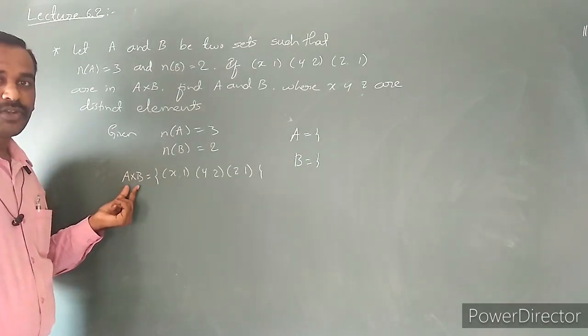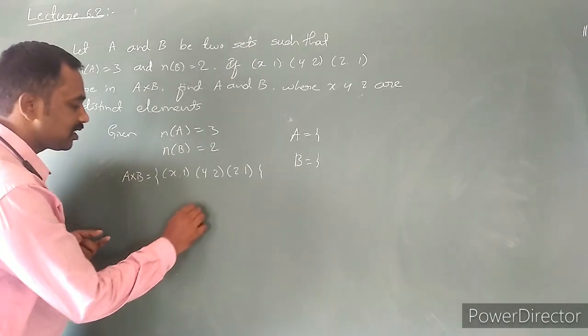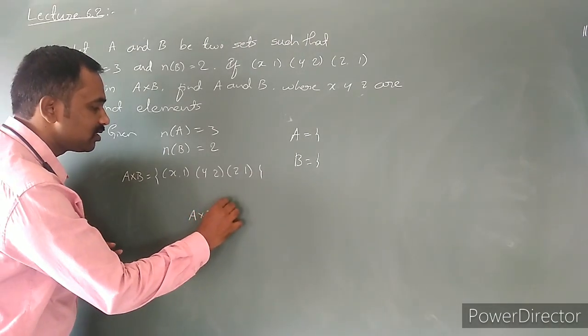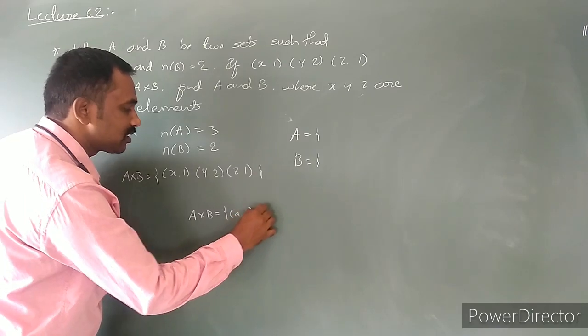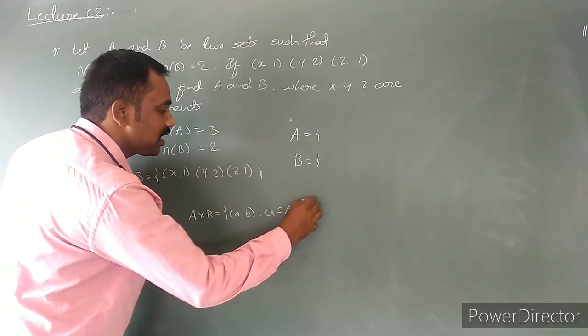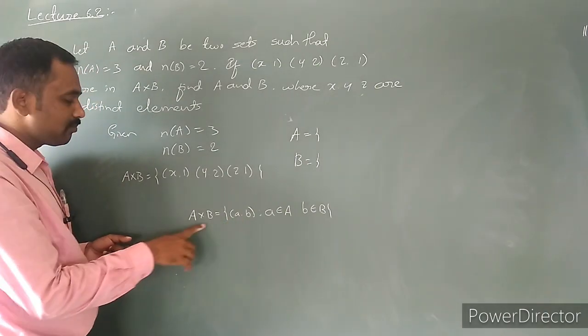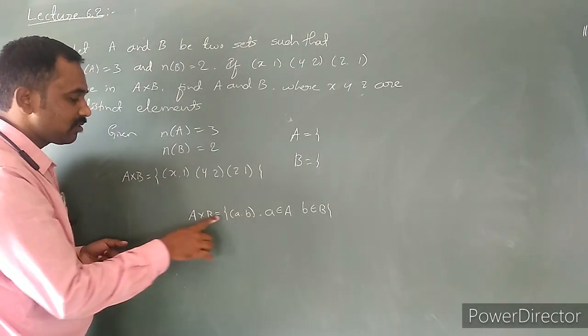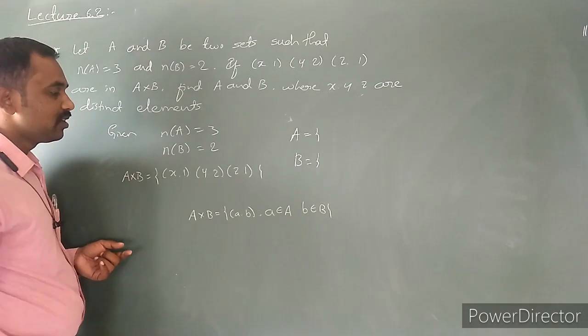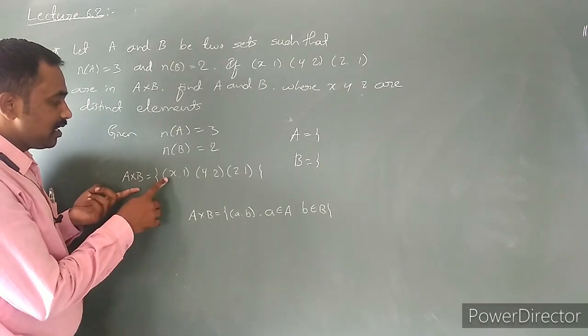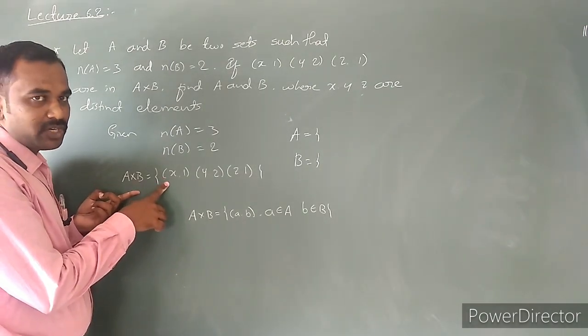Cartesian product definition we know: what is the definition of the Cartesian product? A cross B is equal to the set of (a, b) such that a belongs to set A and b belongs to set B. The first element of the ordered pair belongs to set A, the second element belongs to set B. That's all.